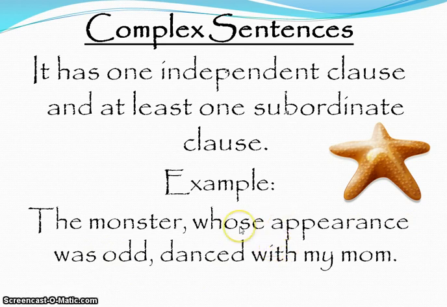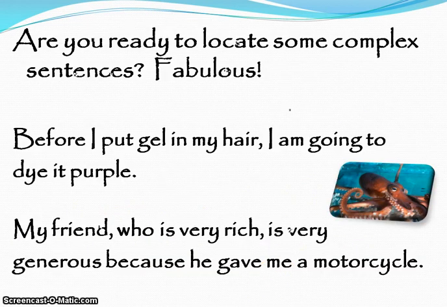I've got a subject, appearance, and a verb, was odd. Now if I cover that up and I read what's left, I now see the monster danced with my mom. Well, that does make sense. So I've got one independent there and one subordinate.